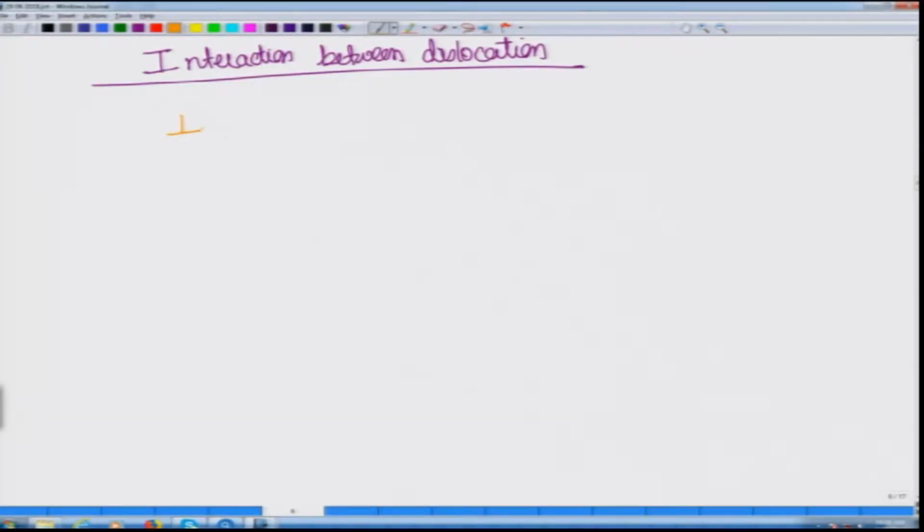So, let us say that we have a dislocation standing over here. This is the one that is causing the stress field, and this is another dislocation whose motion we want to study.